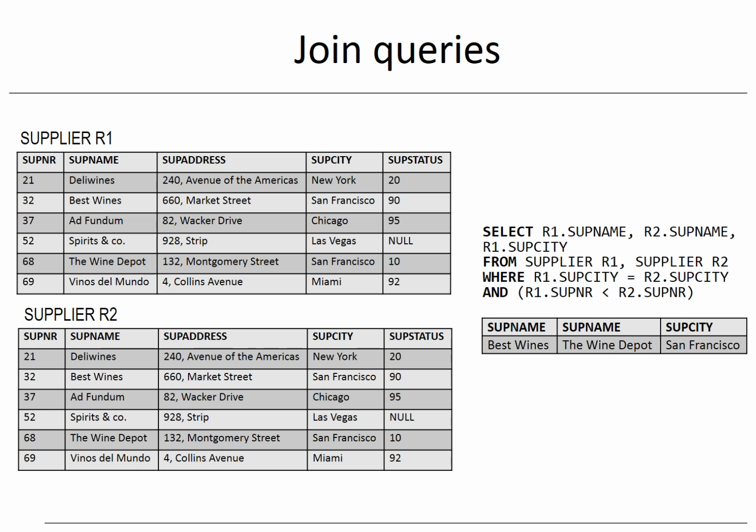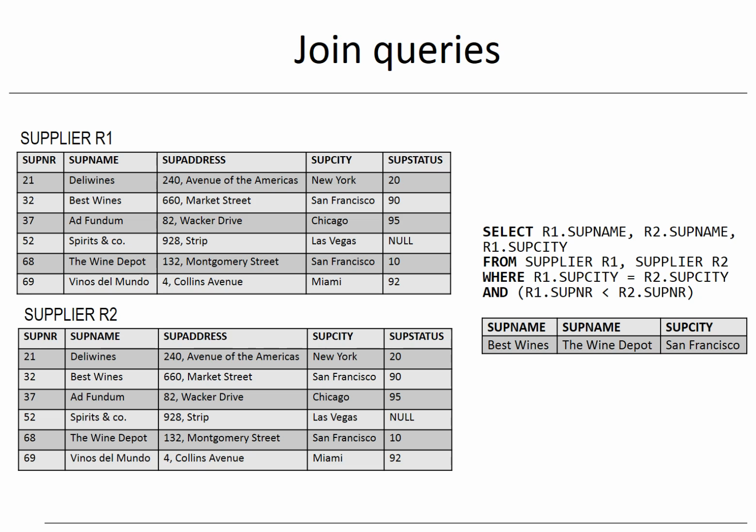If we would omit the condition r1.subnumber strictly less than r2.subnumber, then the query result will also include duplicates, such as Deli Wines, Best Wines, Ad Fundum, Best Wines, The Wine Depot, Best Wines, etc., since all of these have matching values for subcity.